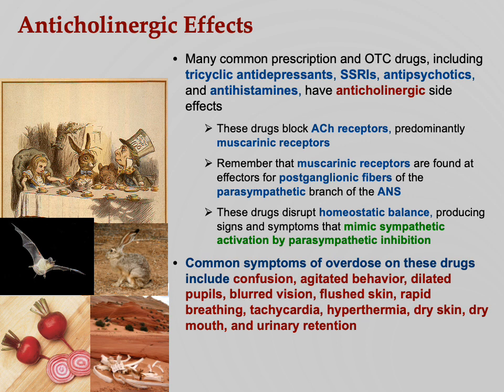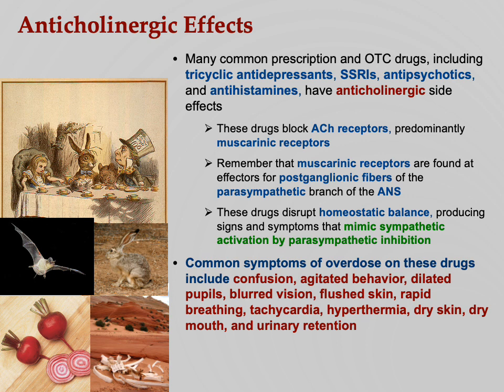Look at flushed skin and hyperthermia. Remember, the weird exception, the sympathetic, the merocrine sweat glands, they were acetylcholine onto muscarinic receptors. So if you block muscarinic receptors, you can't sweat. What happens when you can't sweat? You heat up, hyperthermia. Also, your body will try to compensate by vasodilating your peripheral blood vessels.